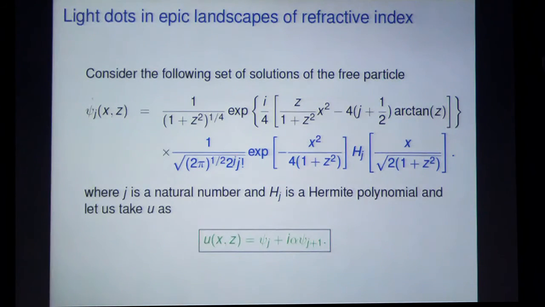Why we propose this solution? Well, basically to avoid zeros. We know that the Hermite polynomials have zeros. In particular, they have a 0 when x is equal to 0 for the odd index Hermite polynomials, and for even we have 1, I think.